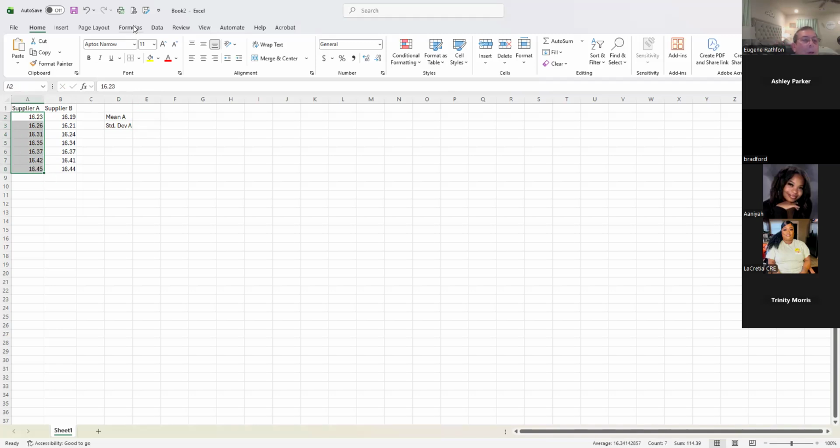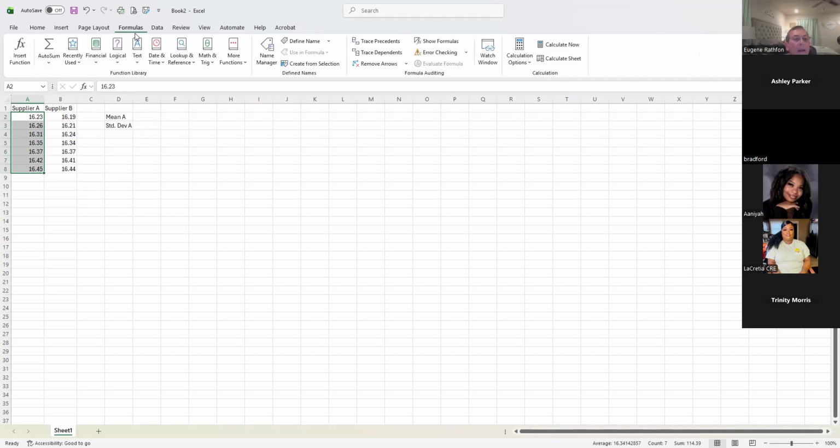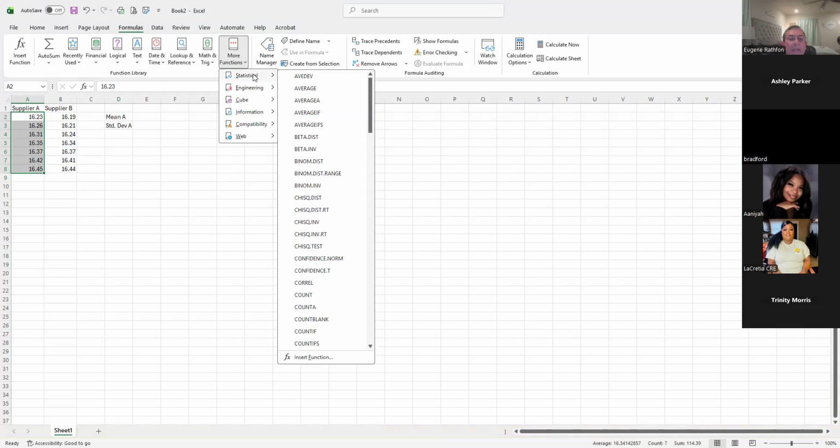All right, now I'm going to come up here and go to formulas on the top row up here. It says formulas. And then I'm going to come all the way over here to more functions and then hit the arrow down. So we're doing statistics. So click on statistics. And over here, mean is the average.